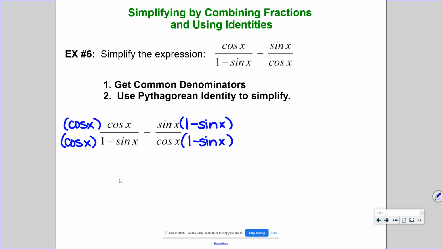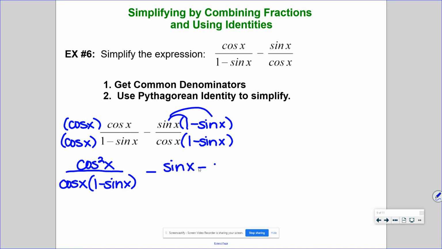Basically, the name of the game is just be real careful. So first fraction is going to look like cosine squared x. And then on the bottom, I'm not going to actually distribute or anything. I'm just going to call it cosine x and then 1 minus sine x, like that. On this side, let's distribute the sine. So that would make it sine x minus sine squared x over the denominator.